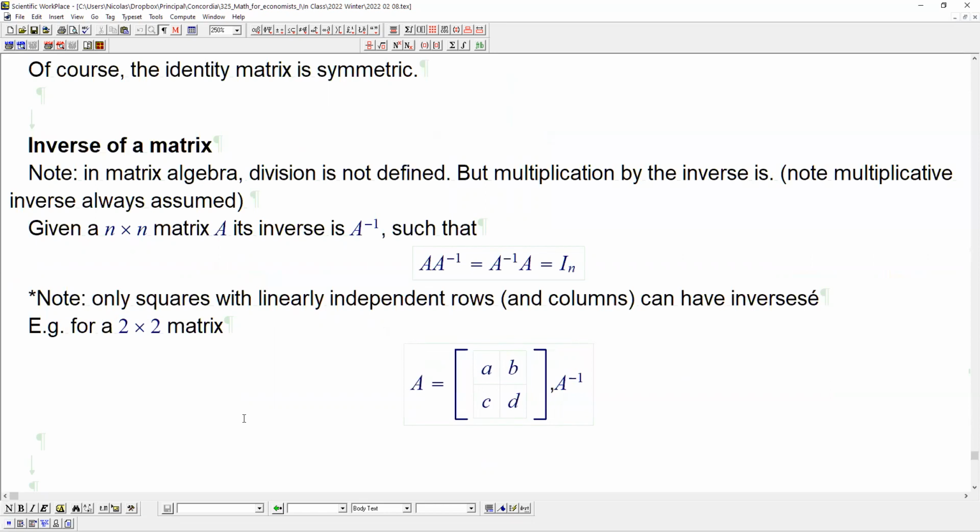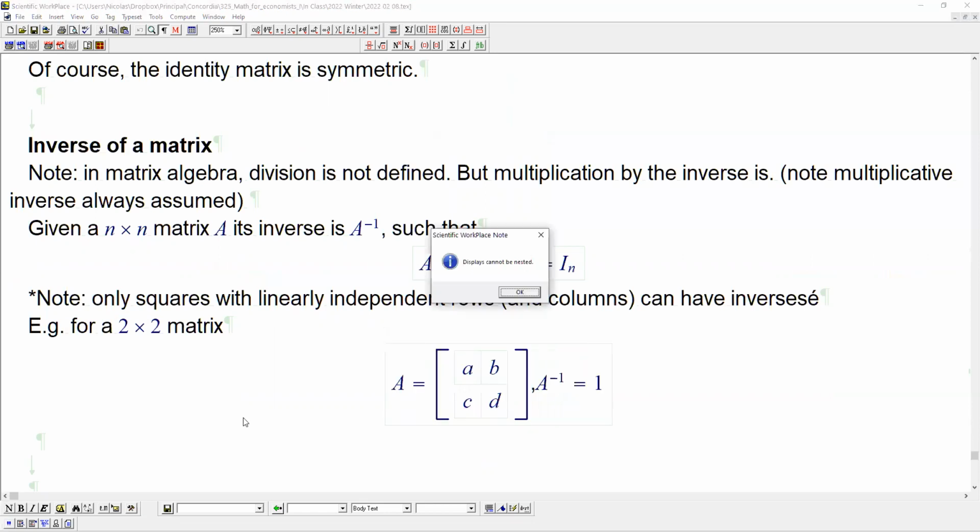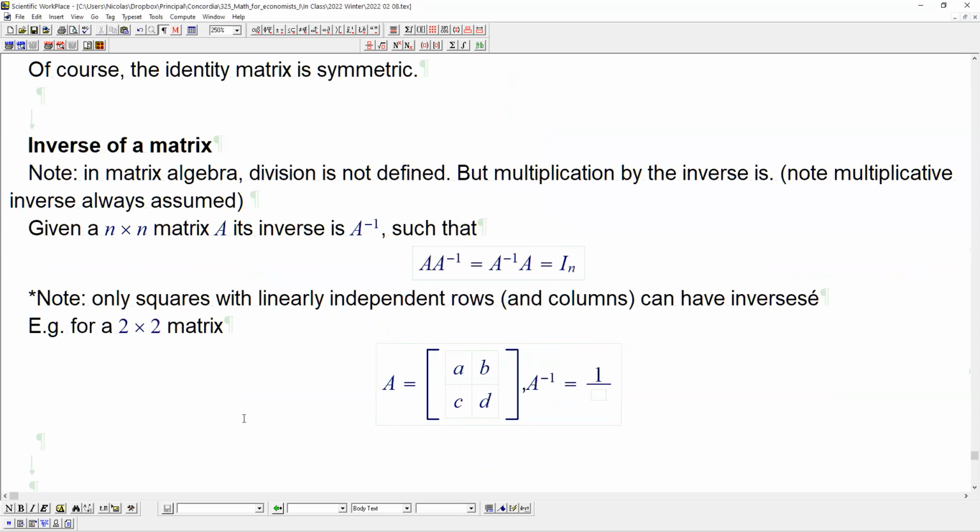I'm just going to tell you what this is. So A inverse is 1 over AD minus BC. Oh, sorry. Anyways, that's the inverse of a 2x2.